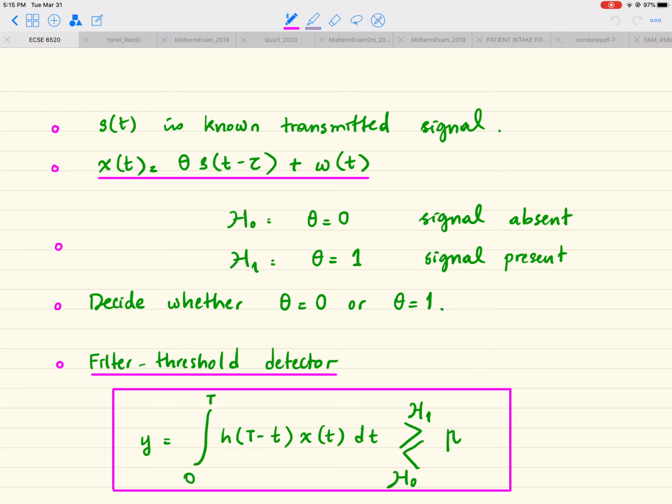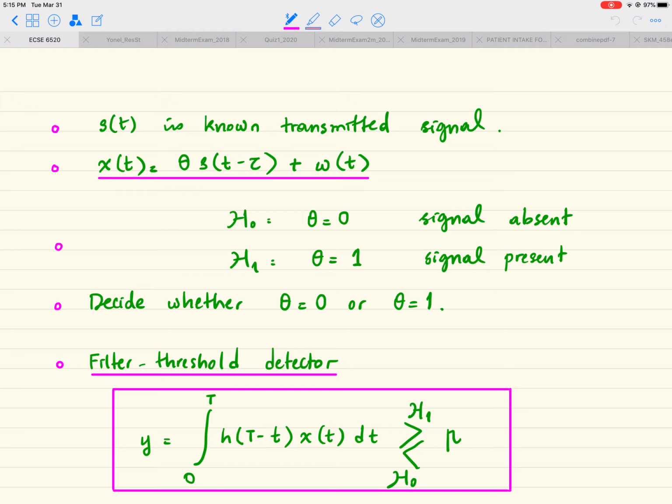Now you'll see later in class that an optimal detector in the presence of Gaussian noise is the filtered version of the received signal.